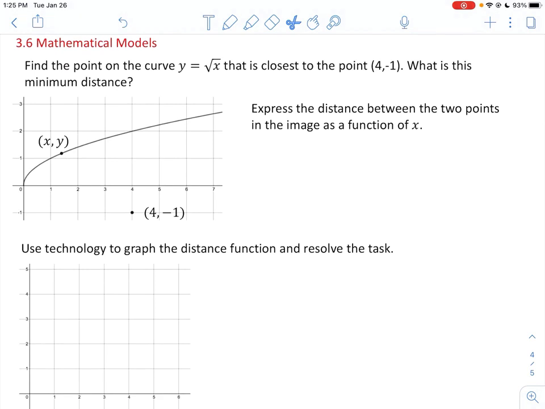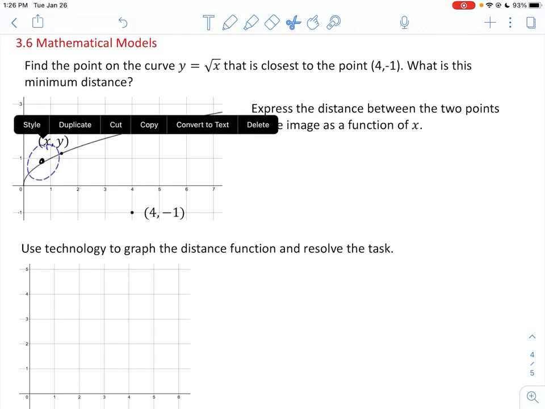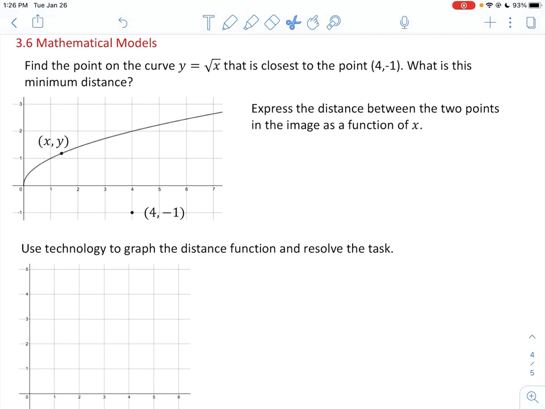Find the point on the curve y equals square root of x that is closest to the point 4, -1. What is this minimum distance? The way we're going to do this is I have an arbitrary point on the curve y equals square root of x. And then I have a point here at 4, -1. Now this point here, you want to be able to imagine it moving. And at each time you stop it, you measure the distance from that point to the point 4, -1.